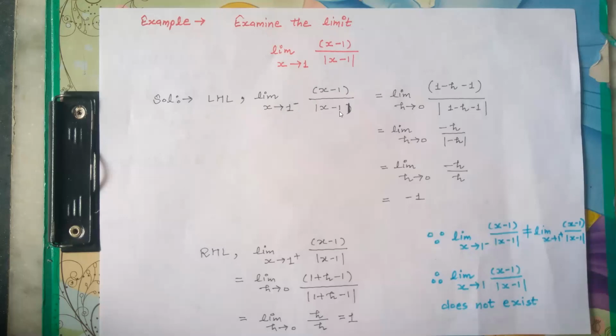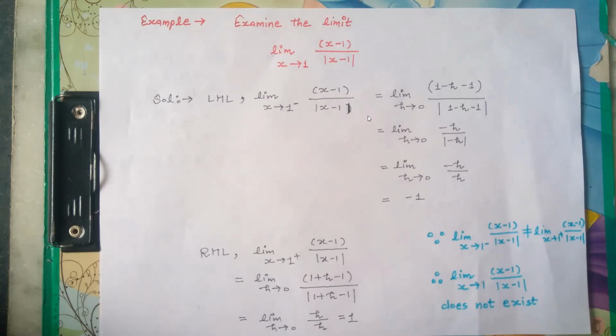This is the given function. So when we take the left-hand limit, what do we put? This is x approaches a. In place of a, this is 1. We put a minus h in place of x. A is 1, so 1 minus h. This minus 1 is already here.